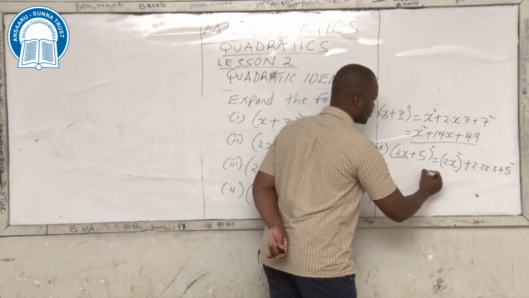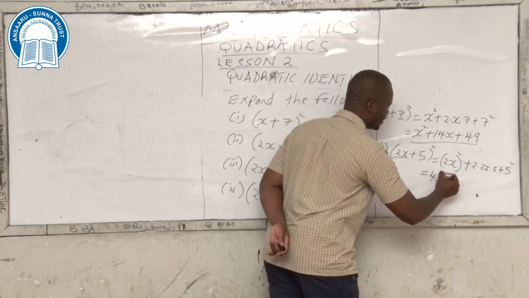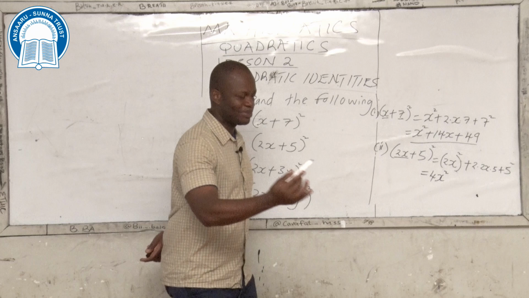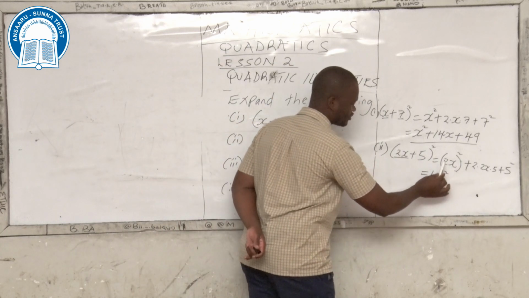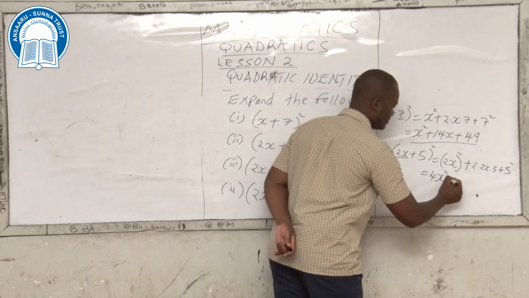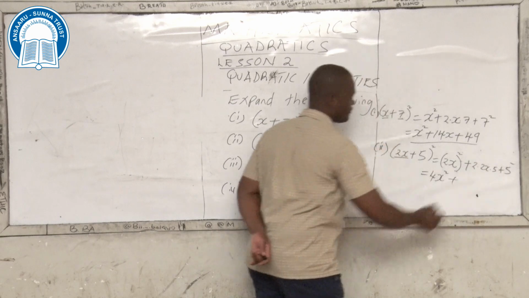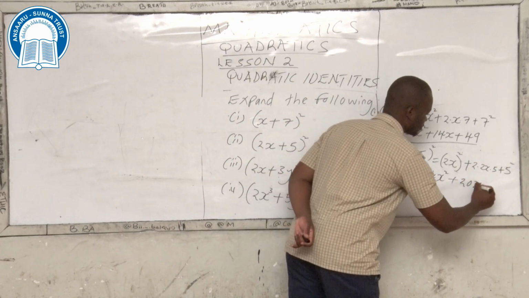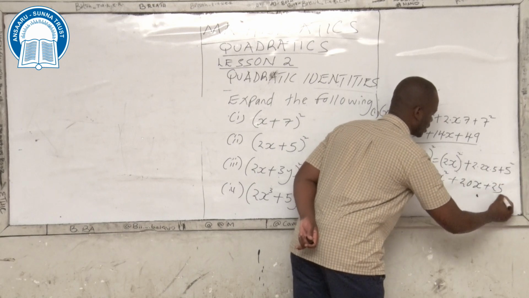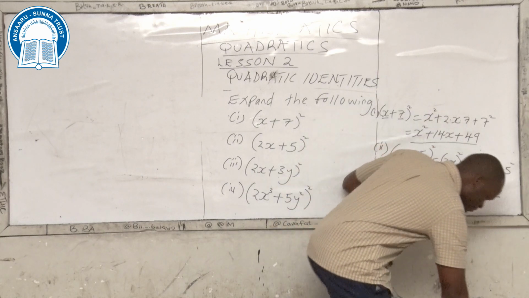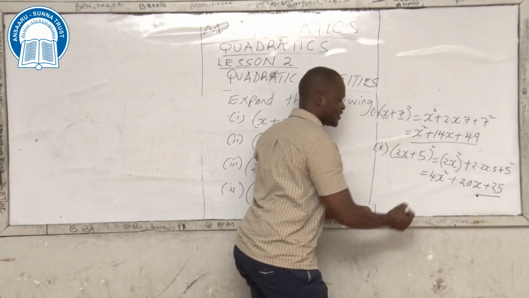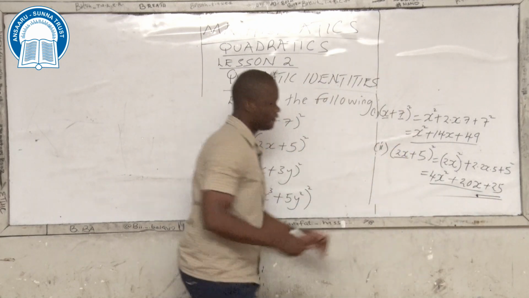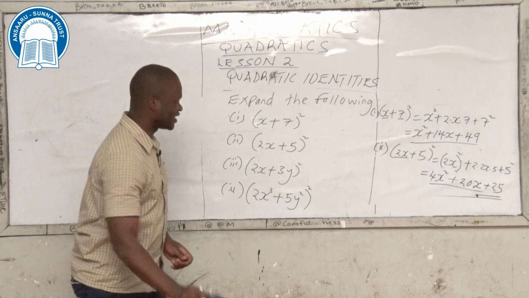Now what do we end up with? 4x squared. Remember, the power 2 here will affect both 2 and the x. Plus 2 by 2 by 5, you get 20x, plus 25. That becomes the outcome of our second expansion.